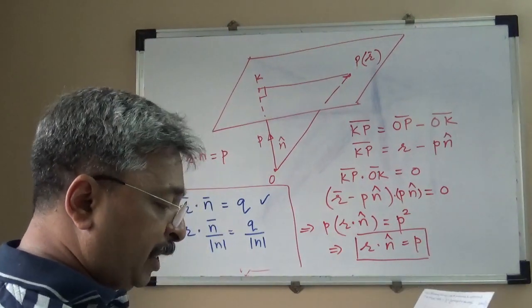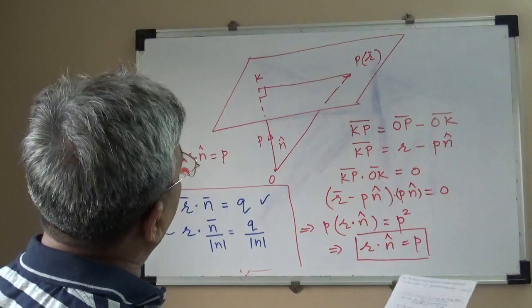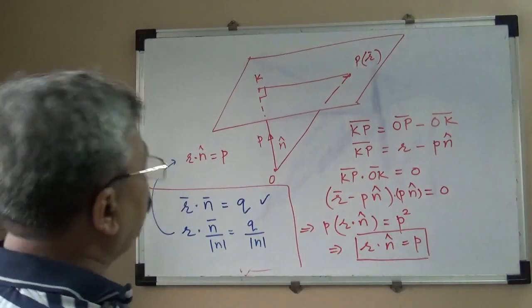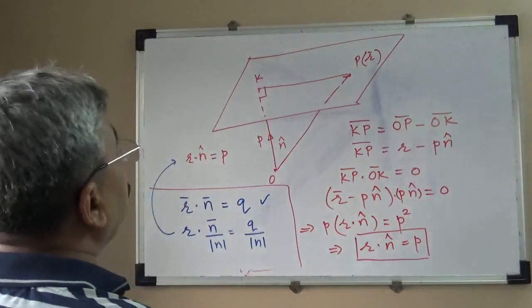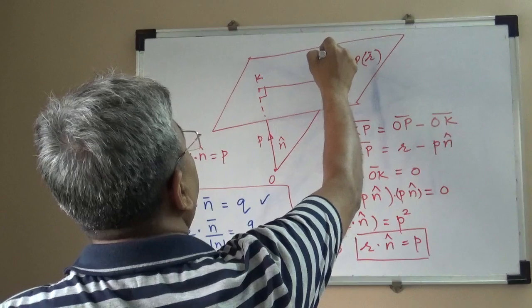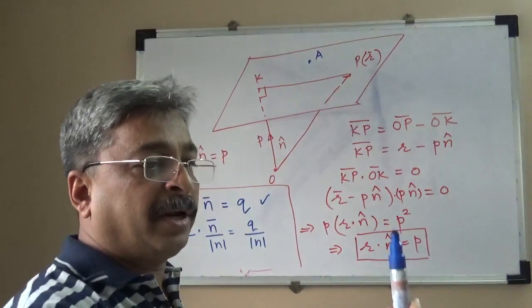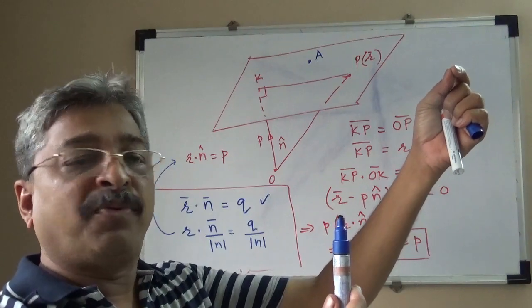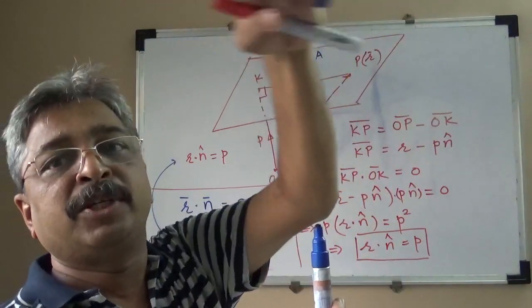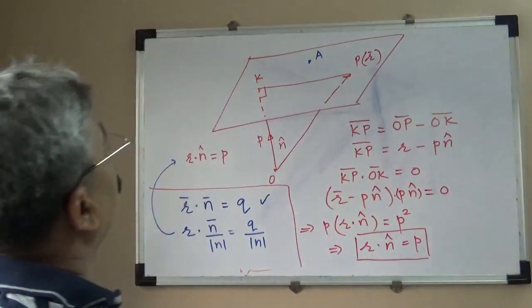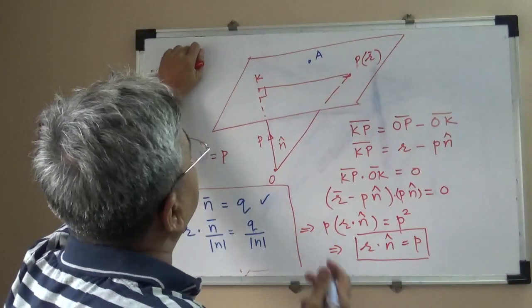Now, instead of telling you the distance from origin, if we give you one more point, let this point be A. So a perpendicular vector is given and another point in space is given. We need to find the equation of plane which is containing A and perpendicular to this. Yes, of course we can do this.